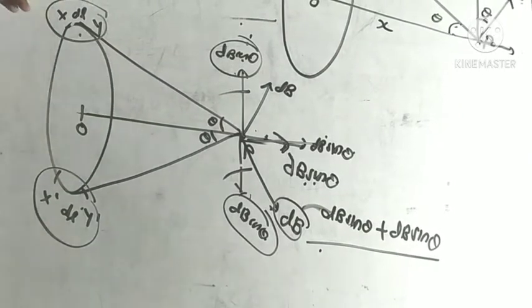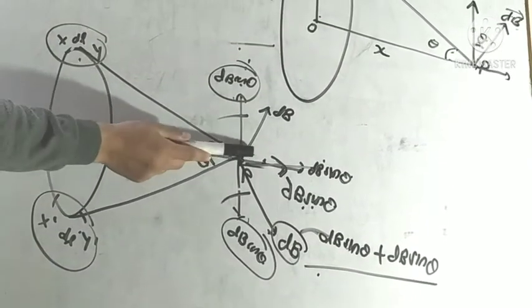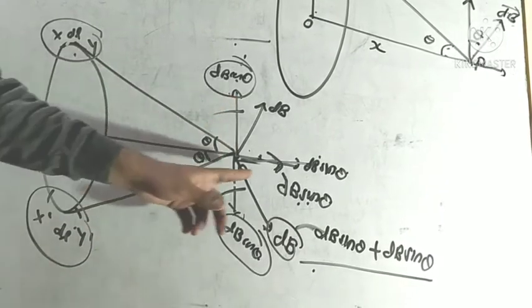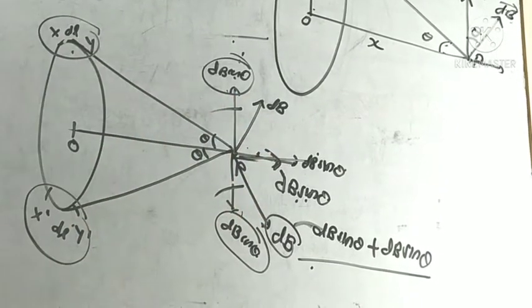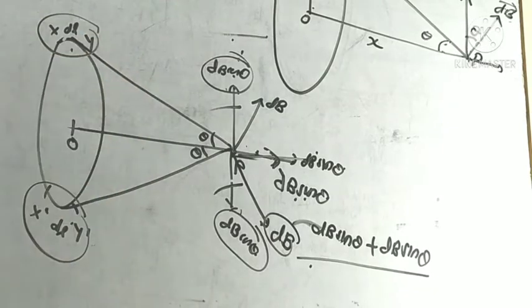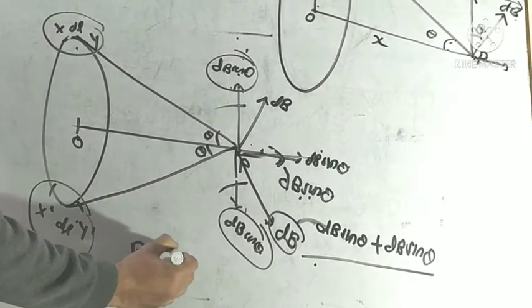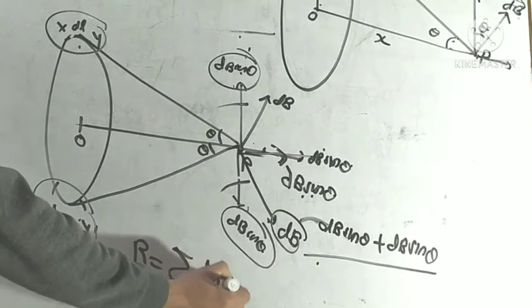So the magnetic field at point P due to the whole coil is equal to the sum of the dB sin theta components of the magnetic field due to each element. So B is equal to the integral of dB sin theta.